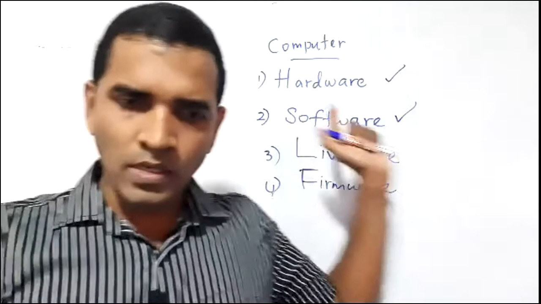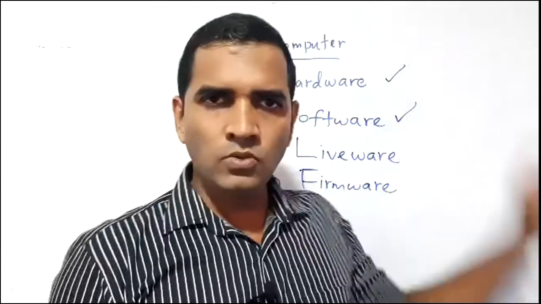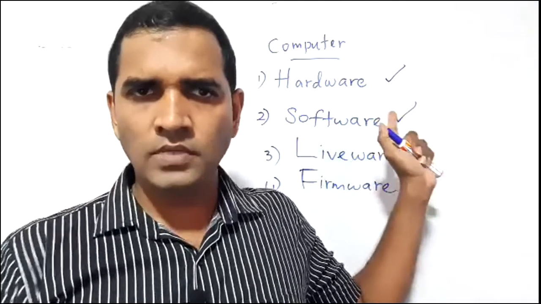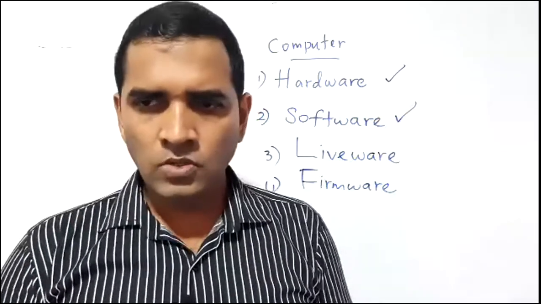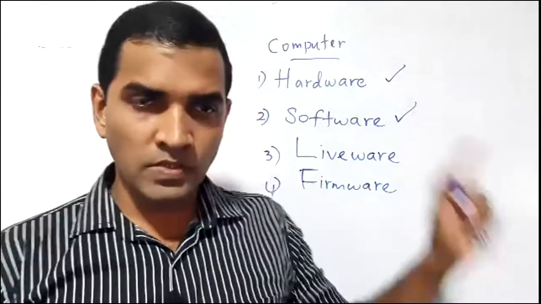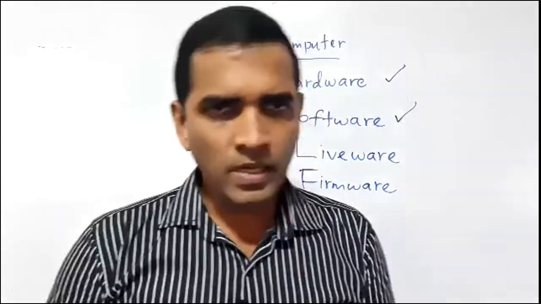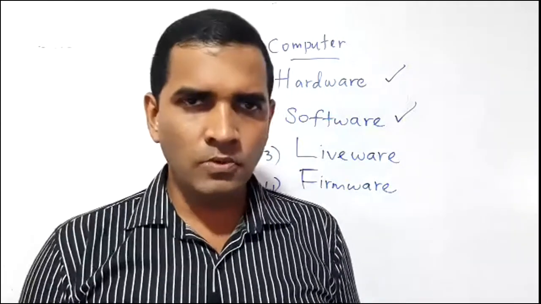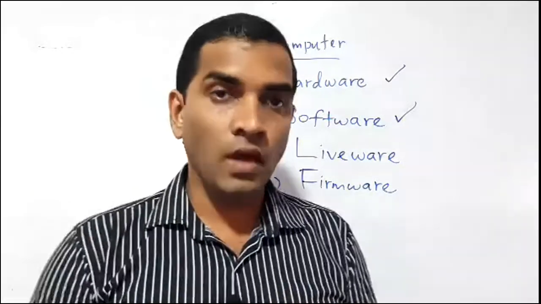So now imagine, to do any task, you need these two. You may take any other examples, right? Assume that you want to play a game. So having a computer, keyboard, mouse is important, monitor important. At the same time, you need the game. That is software, right? Say you want to type a letter in the computer, you need all the necessary hardware.